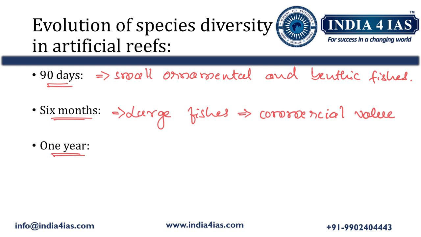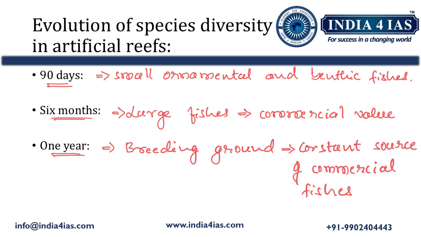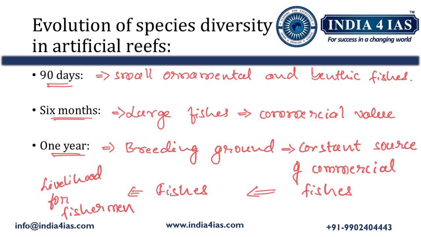And then within a year, mid and large sized fishes use the artificial reef as a breeding ground. So the artificial reef area turns into a constant source of commercial fishes, leading to increasing fish in that region, and fisheries also increase, which benefits the local fishermen.